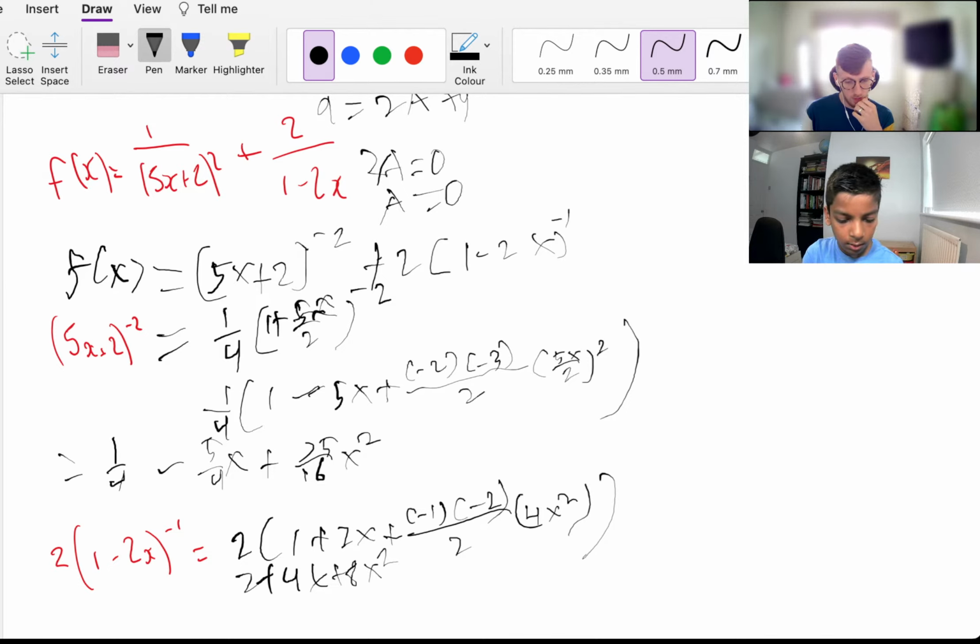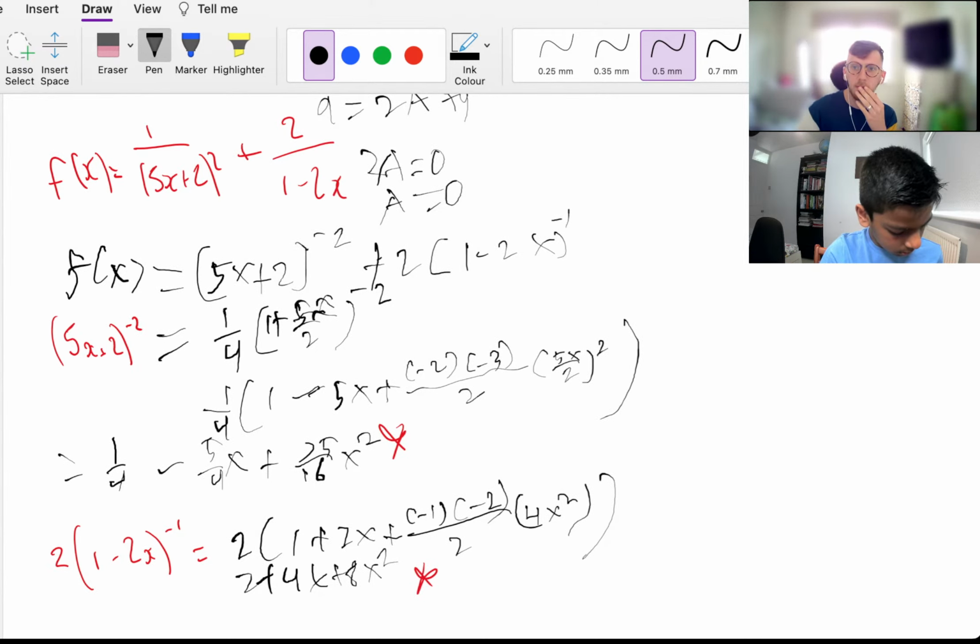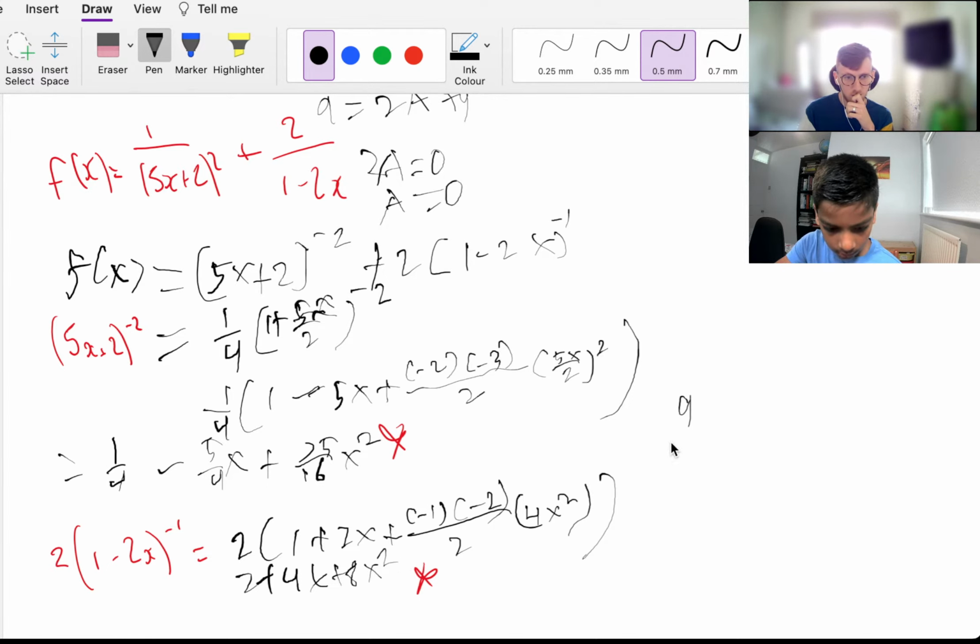Okay, so all we need to do then is just add those 2 together. So we're adding this one and this one together. 2 and a quarter, that's 9 over 4. Good. Then 4 plus 4 minus 5, that's 11 over 4. Good.